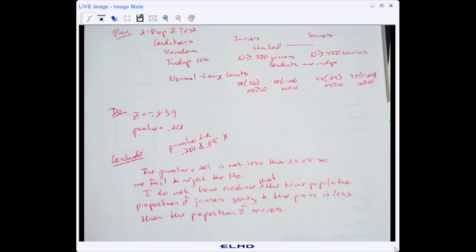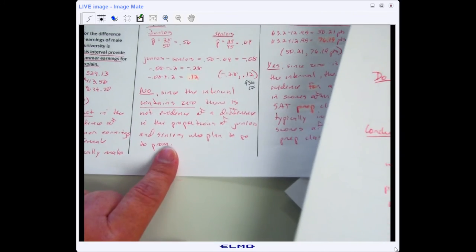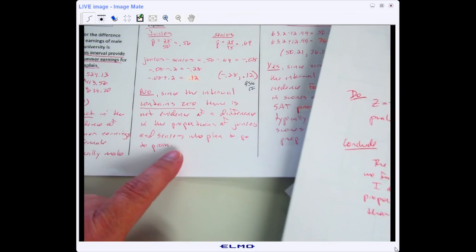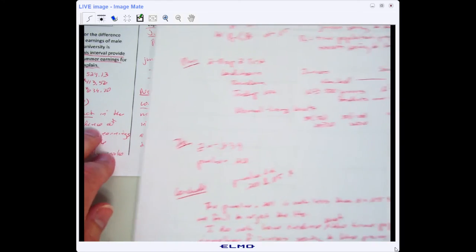So again, I didn't have evidence that there's a difference, which totally coincides with my interval because it contains 0. So there's probably no difference between the proportions of juniors and seniors going to the prom.